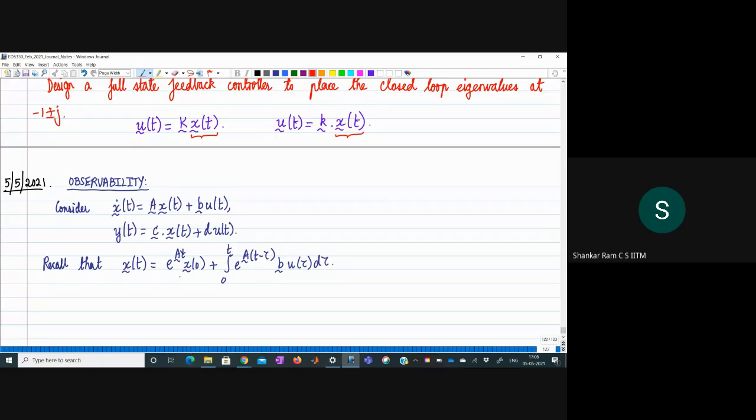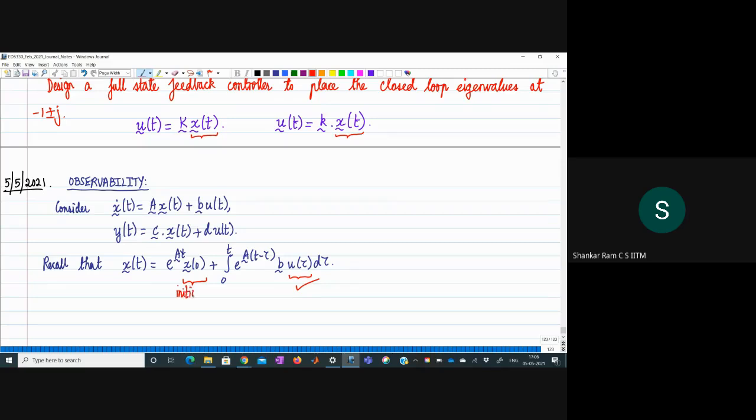In fact, we immediately observe that when we have the state equation, we essentially have two main components as far as its calculation is concerned. One is the initial state x naught, another is the input u. Typically the input u is known to us, but what about the initial state?